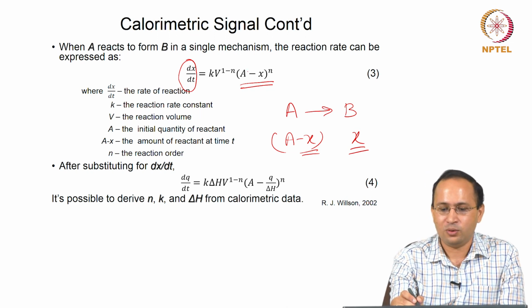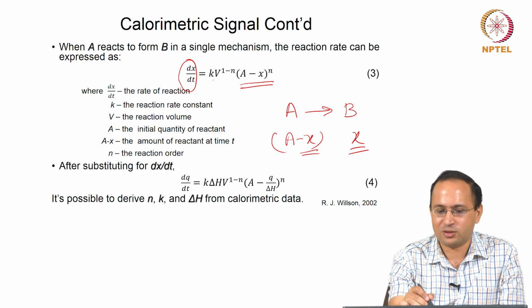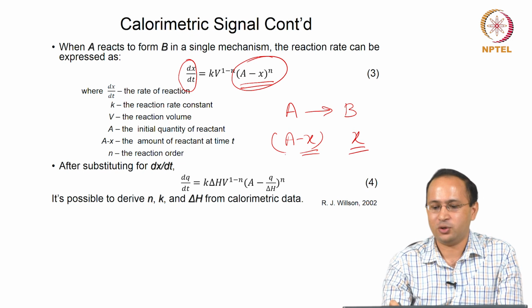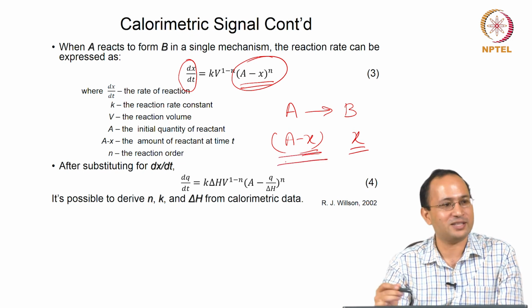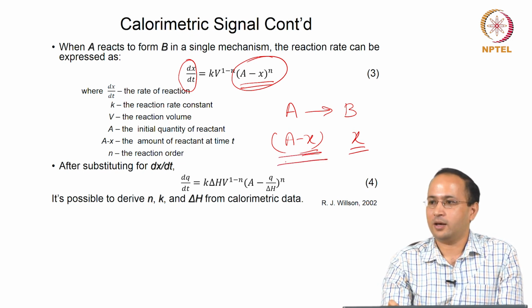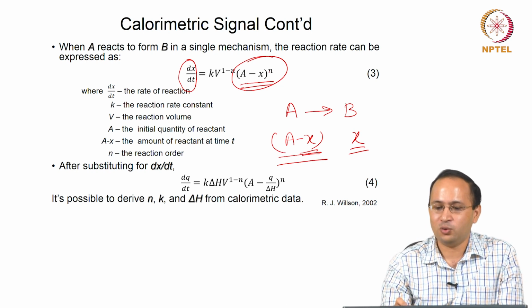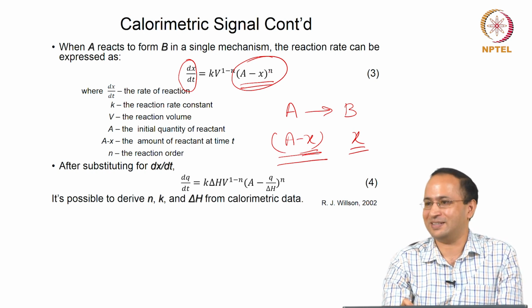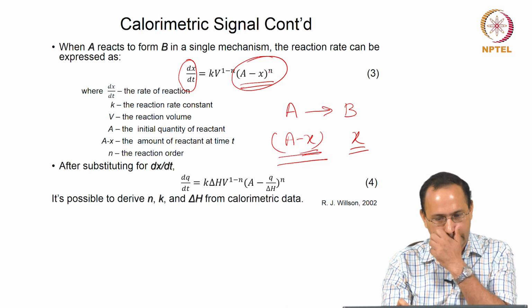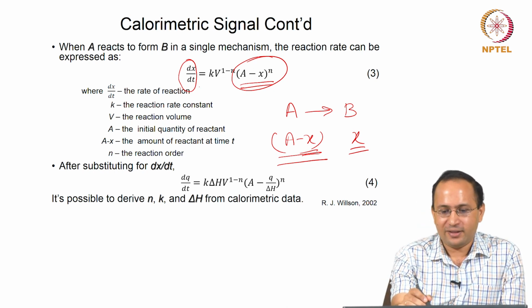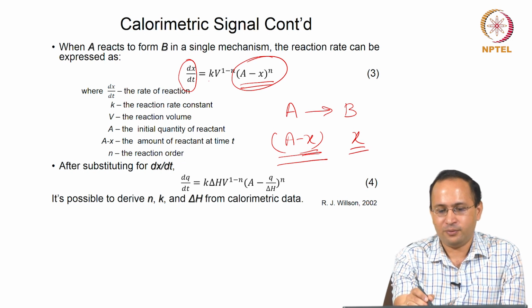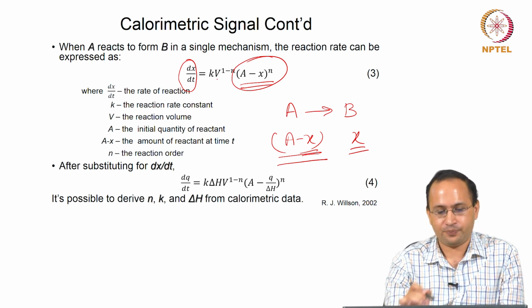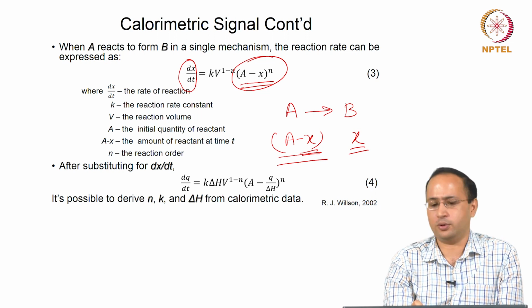It is proportional to A minus X to the power n. Pay attention to A minus X because that matters, how much is left, and n is the order of the reaction. Rate is proportional to this, and the coefficient is the reaction rate constant.